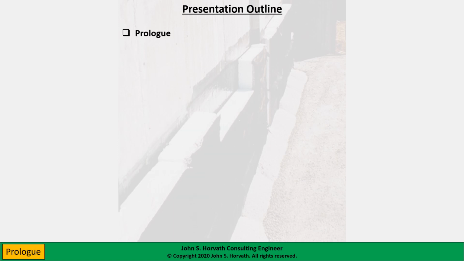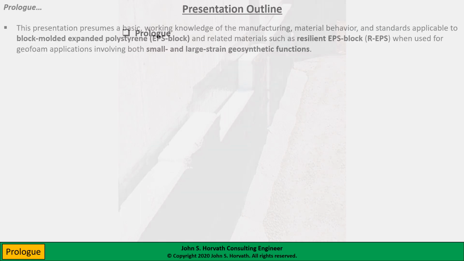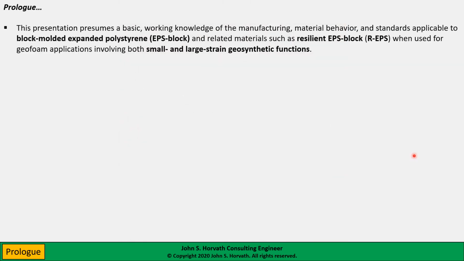Before I get into the material for this presentation, I'd like to point out that I presume that each of you has a basic working knowledge of the manufacturing, material behavior, and standards that are applicable to not only the usual block molded expanded polystyrene, what I will refer to as EPS block throughout this presentation, but also related geomaterials such as resilient EPS block.